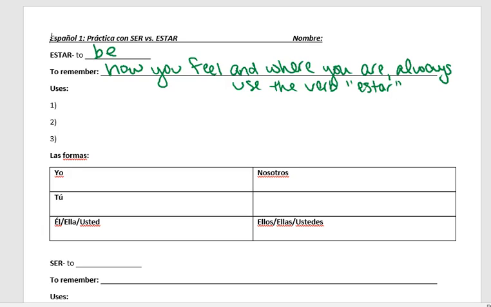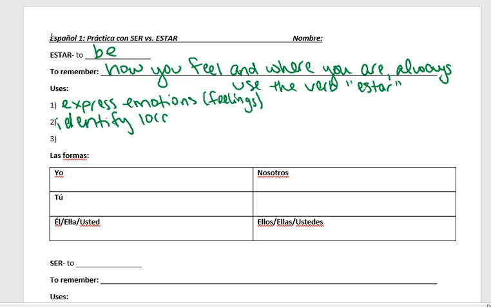And there are three main ways we use estar. It's to express emotions or feelings, it is to identify your location, and lastly, it's to describe temporary conditions.